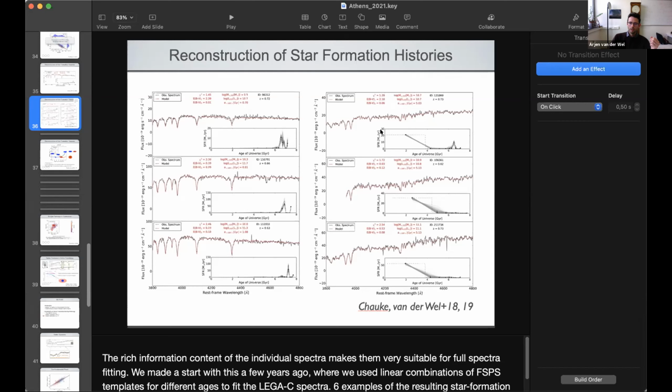So this all gets averaged out over this period of 4 gigayears. It looks like a smooth star formation history when you average all the galaxies together, but it's not necessarily the case. In fact, I think these are not reasonable values, right? 20 to 30 solar masses per year for massive ellipticals at redshift 4. Now in the main formation phase of these massive ellipticals are going to be 1,000 solar masses per year.